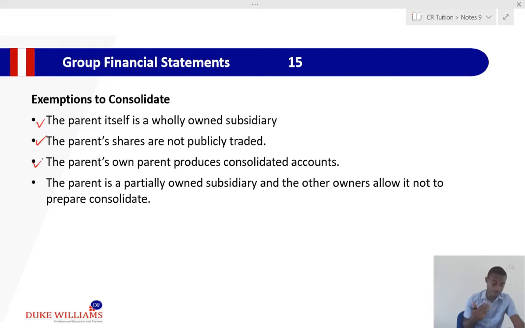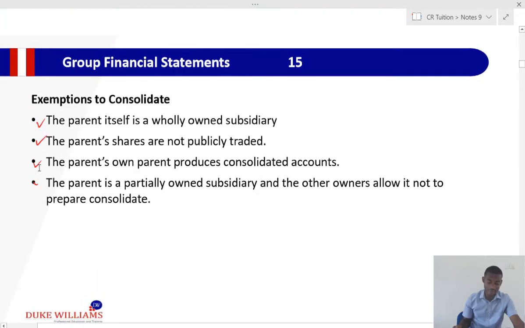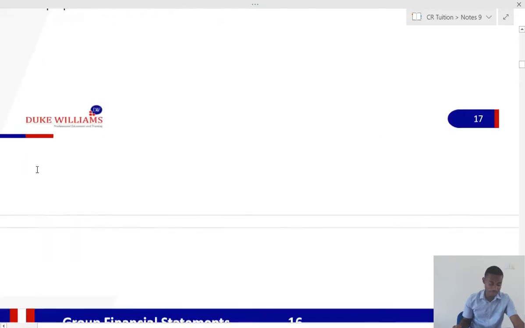So if the own parent produces consolidated accounts, then entity A can be exempted from consolidating because its own parent will consolidate both A and B. And then where the parent is a partially owned subsidiary and the other owners allow it not to prepare consolidated accounts, in that case there is no need for consolidation. So these are very straightforward for you to look at.